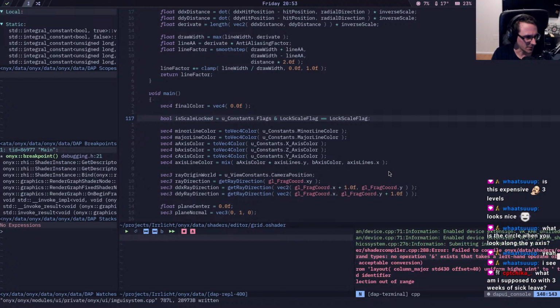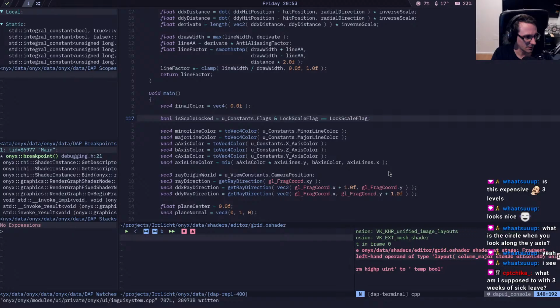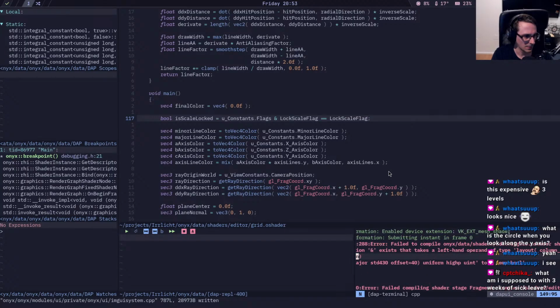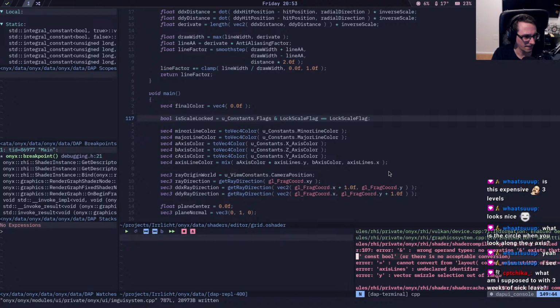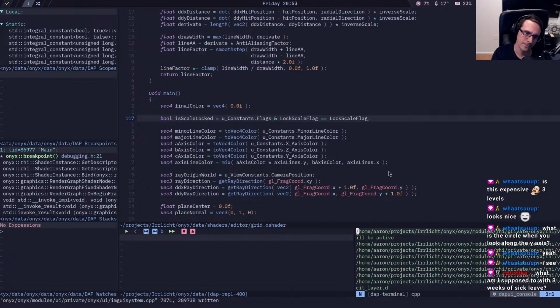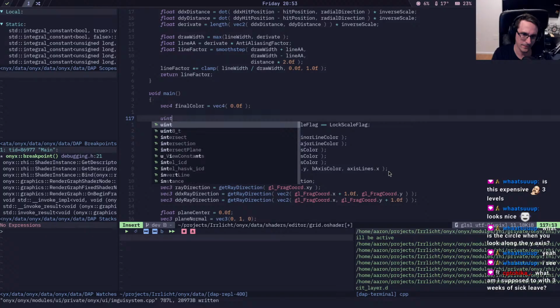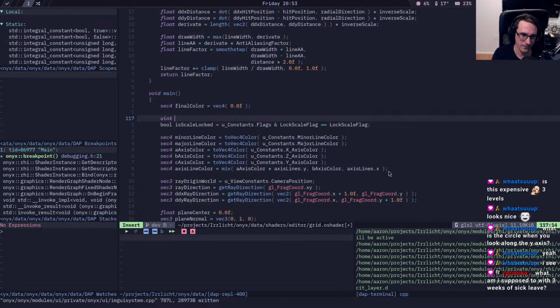No operation exists that takes a left hand operand of that type. What? Does that not work or what?